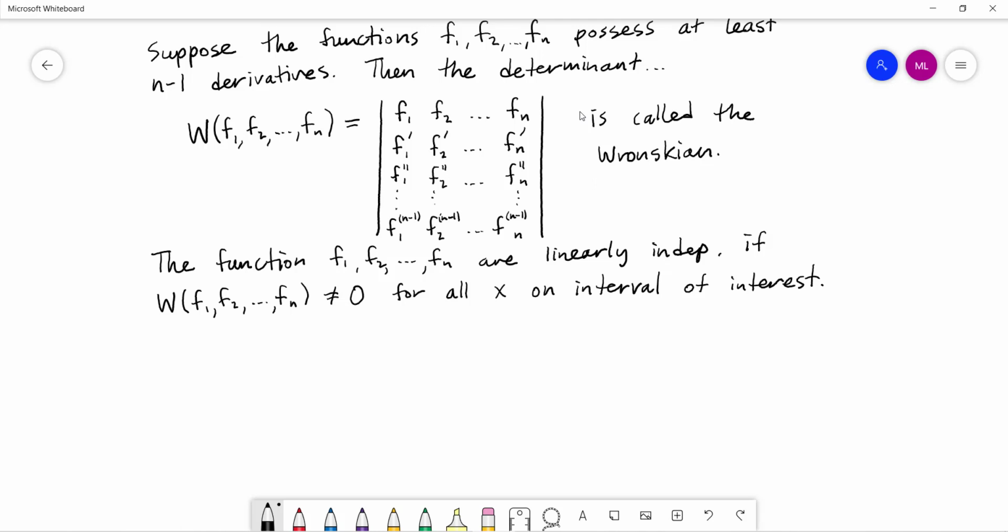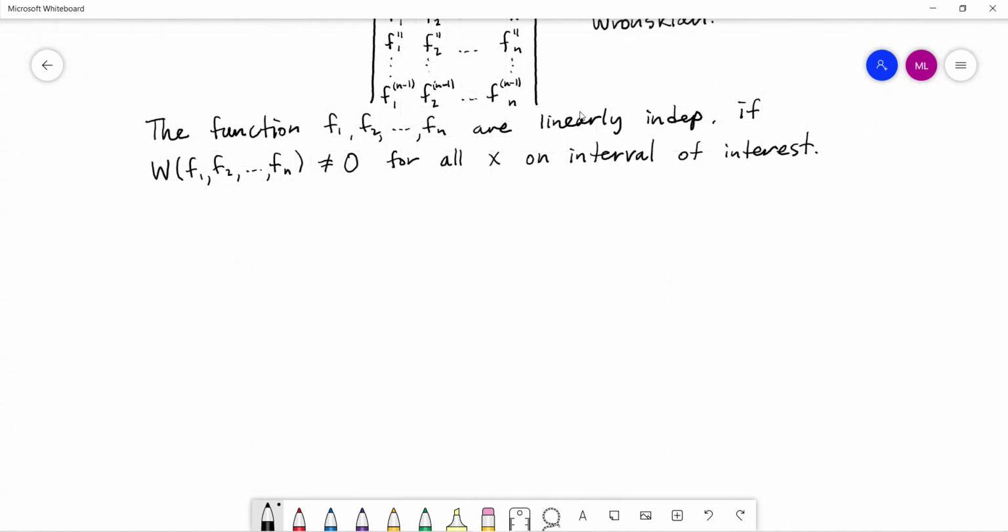So, okay, we'll come back to that. But this brings us to the big important idea. We ultimately want the most general possible solution.